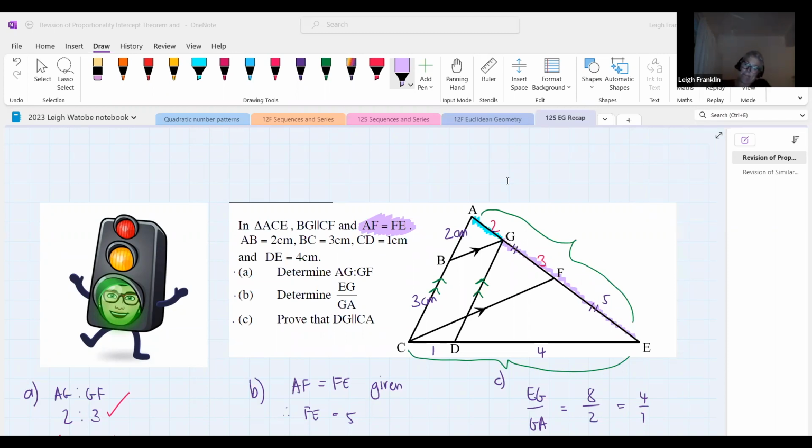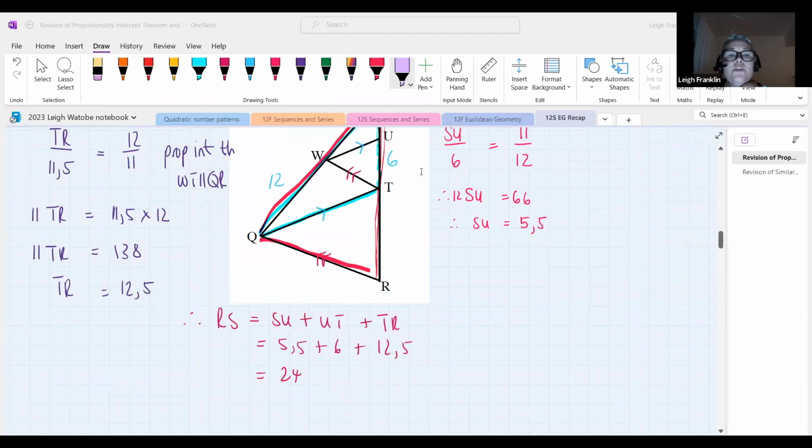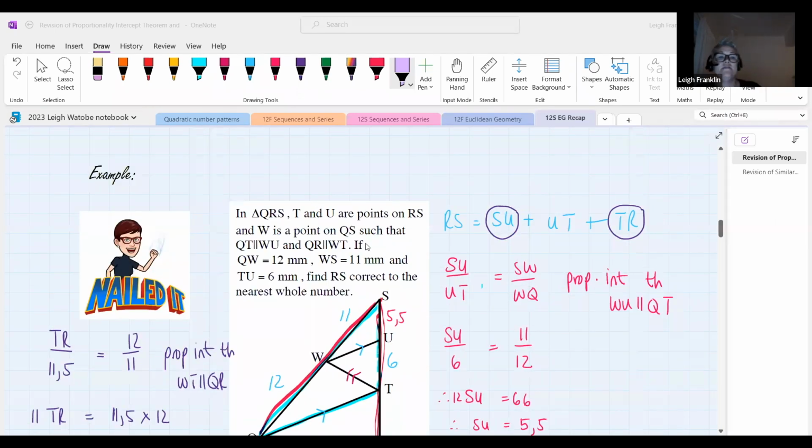Basically, to be able to tell the difference as to when we should give ratios or lengths, will they specify in the question to give the length for, say, AB? Yes, they can. If you go back to what we were doing over here, they asked us to find the length. When they said find RS correct to the nearest whole number, they didn't want a ratio, they wanted the length of RS.